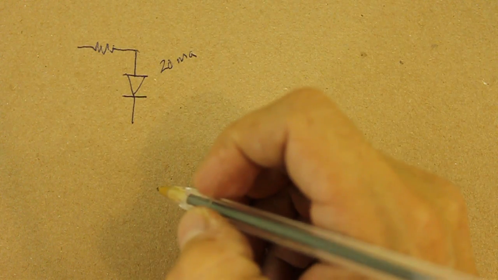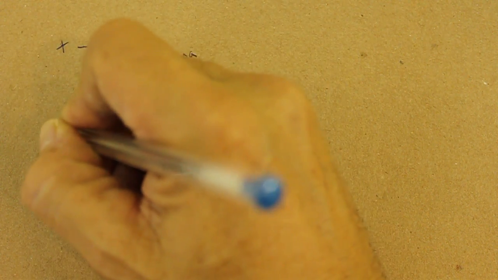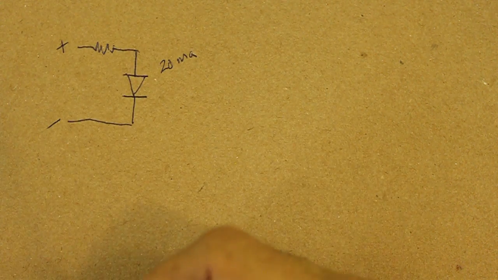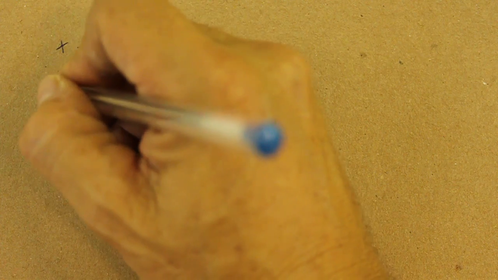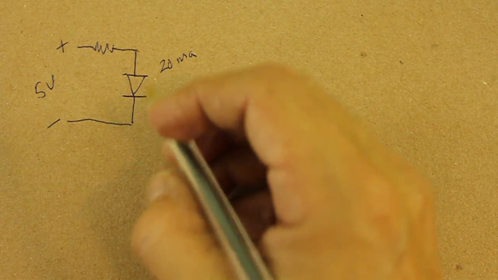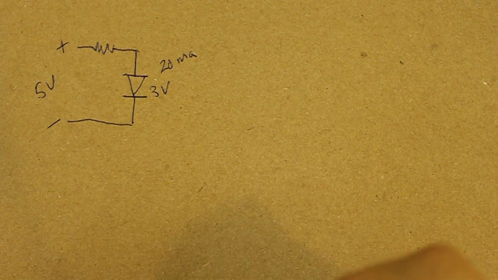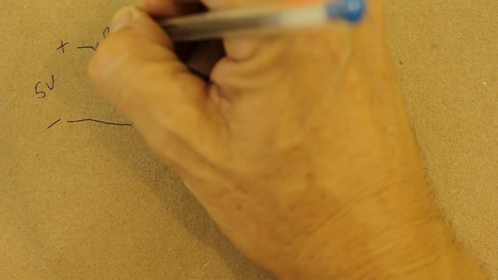So we connect a resistor in series with the LED and we apply a voltage. Suppose we have a source of 5 volts and our LED works at 3 volts. In these circumstances, we want to know what is the value of the resistor that we need to add to the circuit in order to have a current of 20 milliamps.